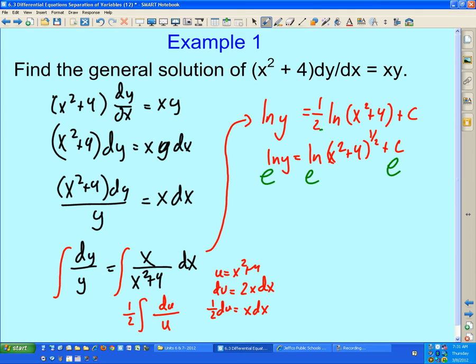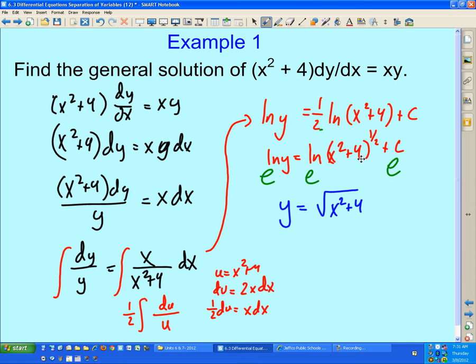In this case, the e and the ln cancel out, so I am left with y, which is what I'm looking for. Here, this is e to the ln of this thing, the square root, so I'm looking at the square root of x squared plus 4. And then plus c, well, now these are powers of the same base, so we're really multiplying them together, and when we multiply them together, we add the exponents.